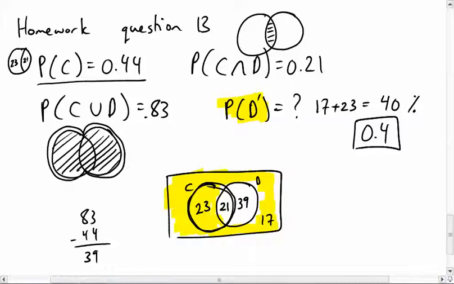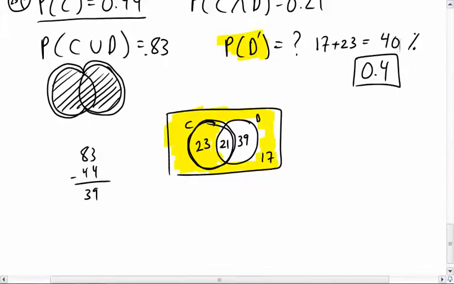Are there any other questions? Yes? Taking a look at question 14. So, in this one you're given probabilities as a function of x.